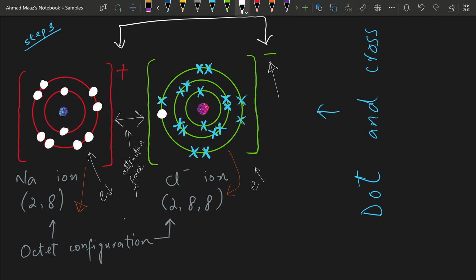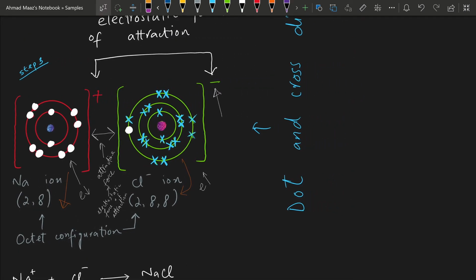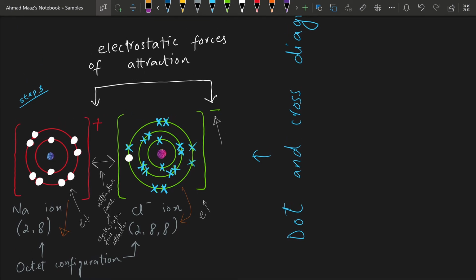That force is the electrostatic force of attraction between the two opposite charges. Now this force keeps these Na and Cl ions together. This force is what we call ionic bonding, or electrostatic forces of attraction between the sodium ion and the chloride ion.